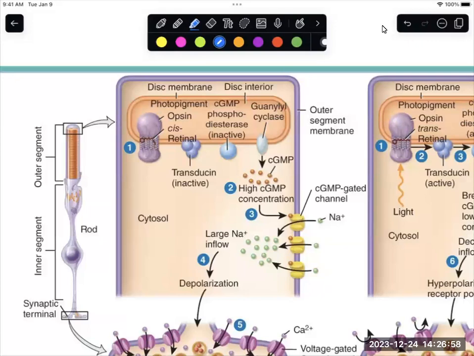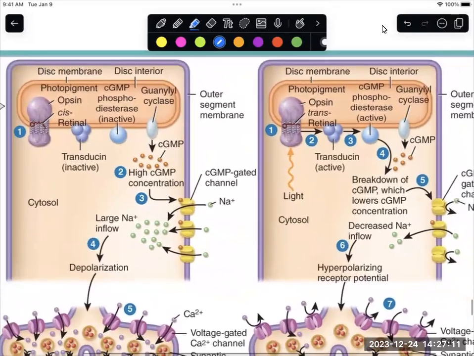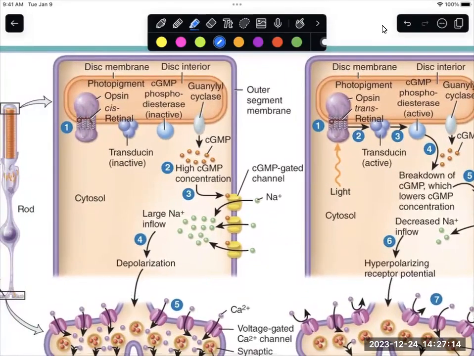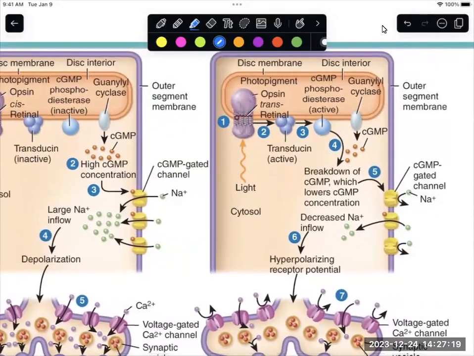what happens is first we start with this cis retinol shape, so it has that bend, which means it's inactive. But once that light hits, it activates this cascade of events, which is eventually going to cause sodium channels elsewhere in this rod to open.